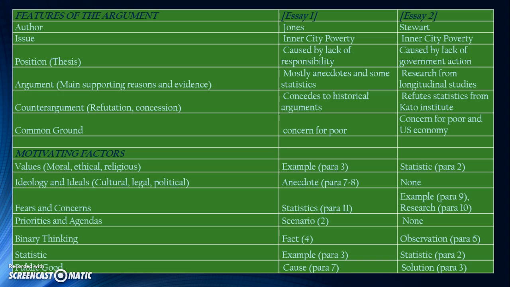And then, of course, we have our motivating factors. For this particular example, we're using values, ideology and ideals, fears and concerns, priorities and agendas, binary thinking, statistics, and public good. You'll notice under the essay 1 and essay 2 columns, I have the type of argument that is being used, whether it's example, anecdote, research, observation, statistics, what have you.